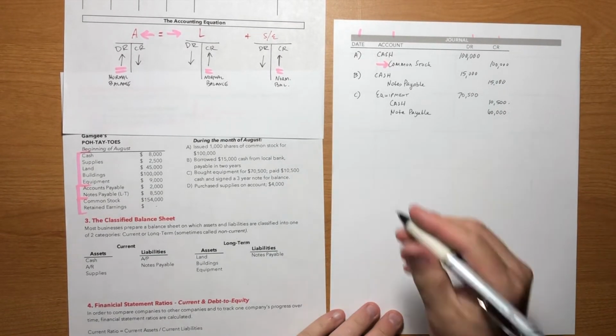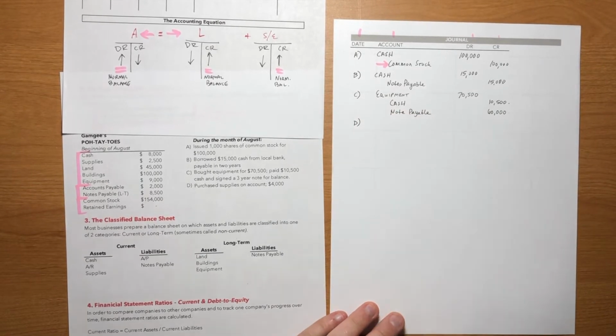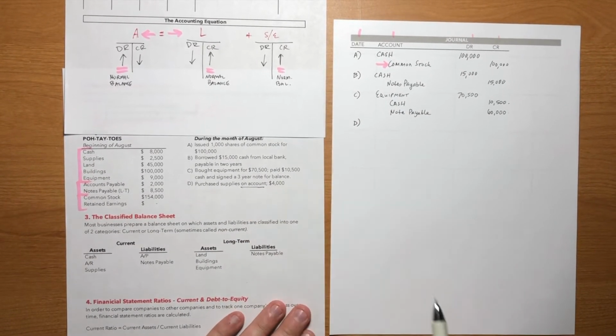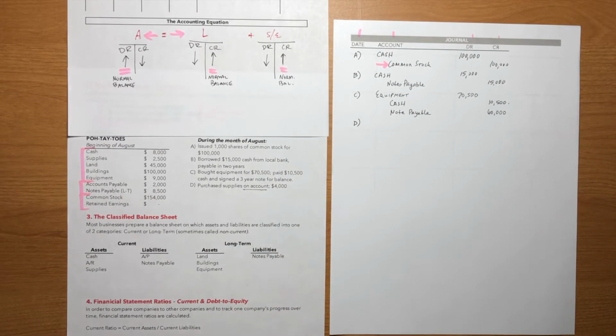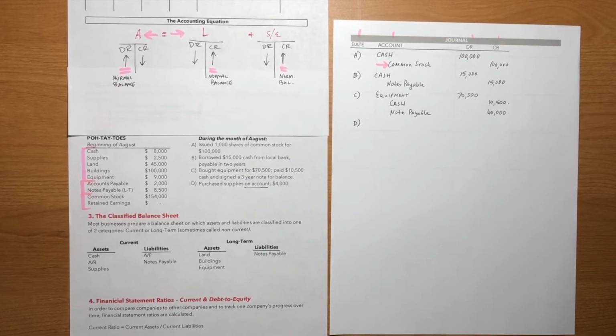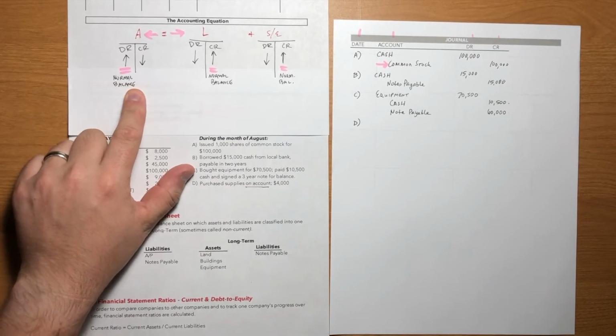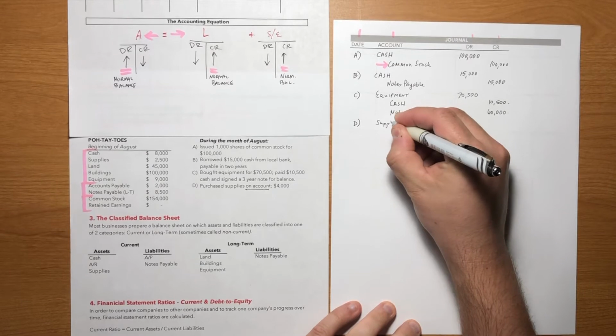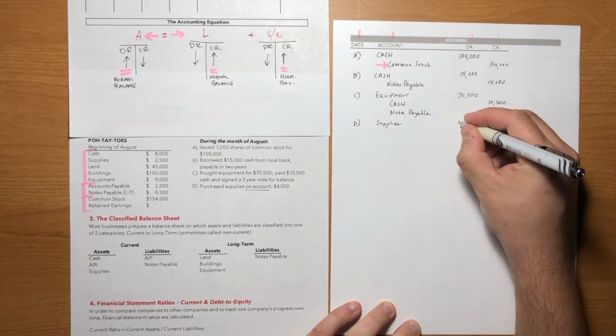Lastly, I bought supplies on account. On account, $4,000. Purchasing supplies on account means I have not paid for them yet. But what did I receive? I received some supplies. So my supplies, my asset, is going up. And so I'm going to debit supplies for $4,000.